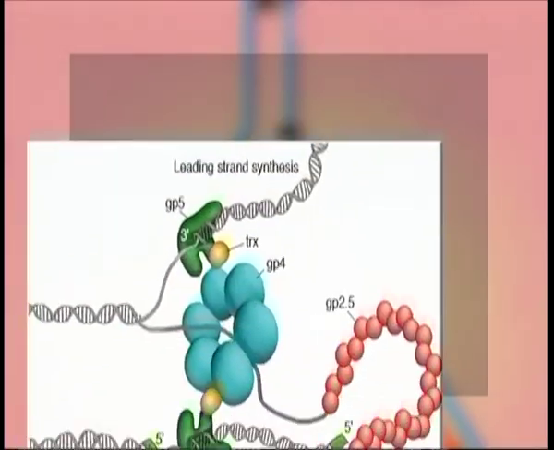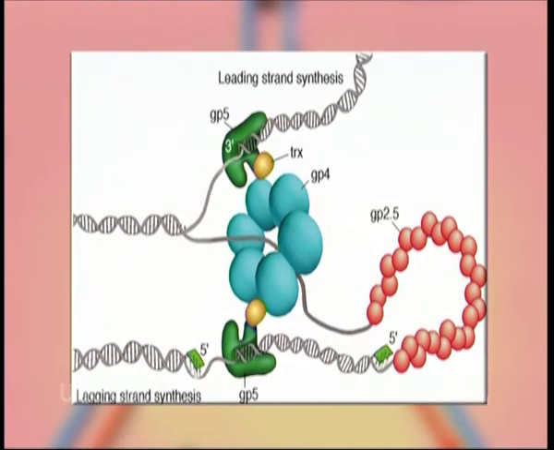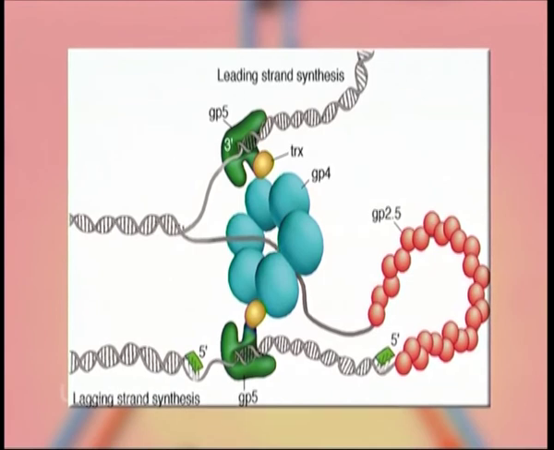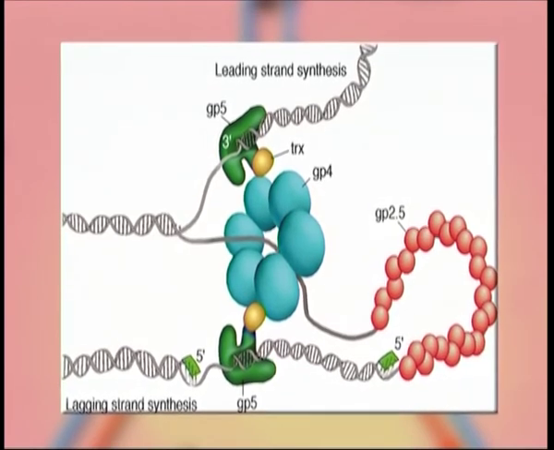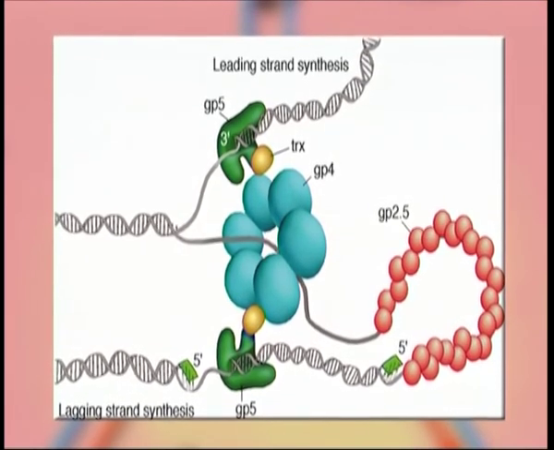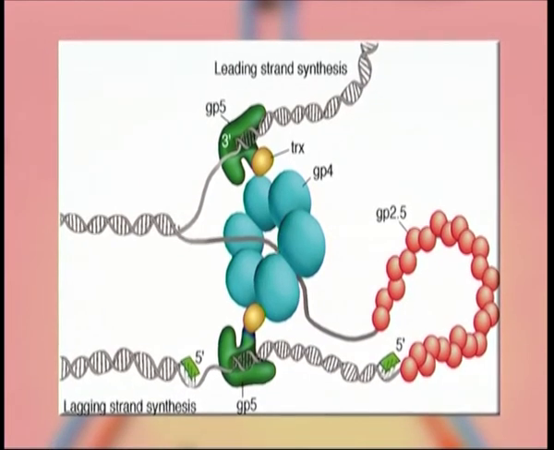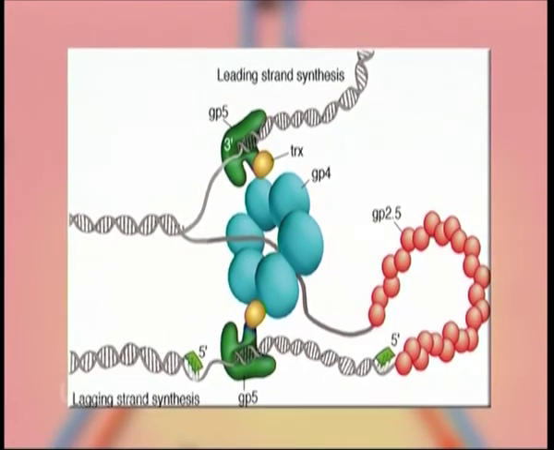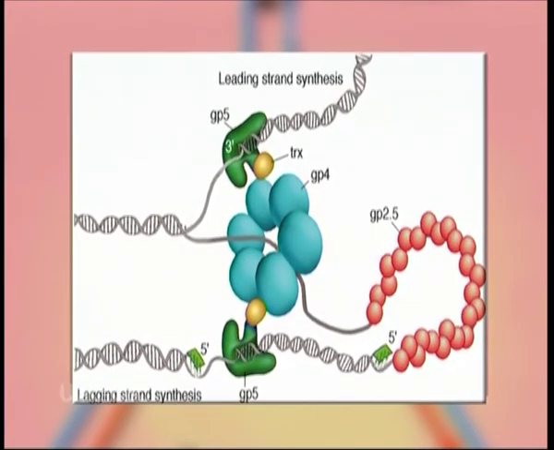The complete replication apparatus moving along the DNA molecule at a replication fork is called the replisome. The replisome contains the DNA polymerase III holoenzyme, one catalytic core replicates the leading strand, the second catalytic core replicates the lagging strand, and the primosome unwinds the parental DNA molecule and synthesizes the RNA primers needed for the discontinuous synthesis of the lagging strand.